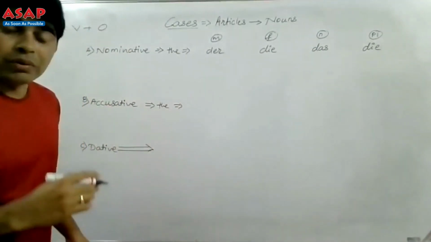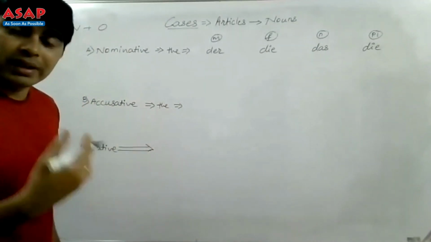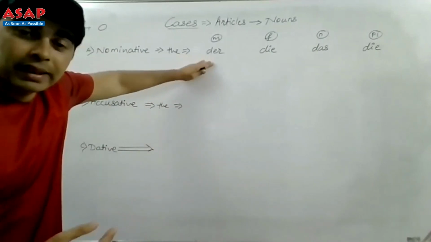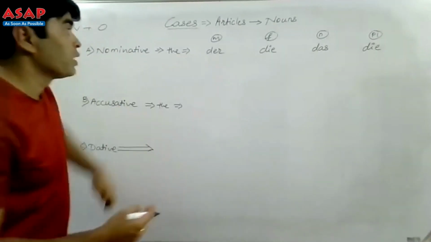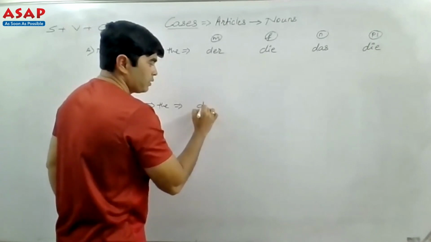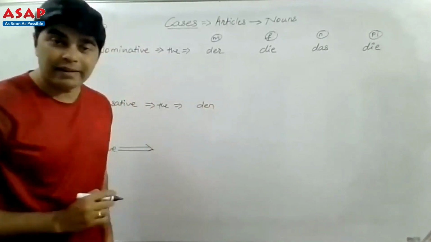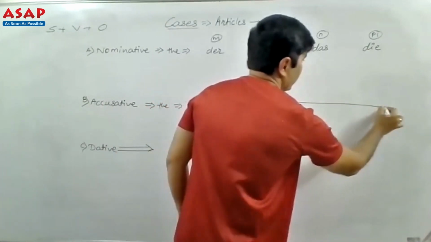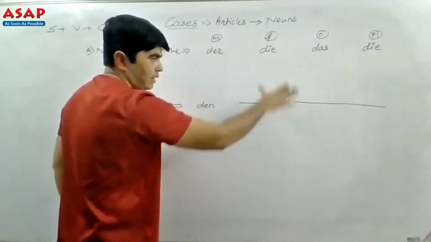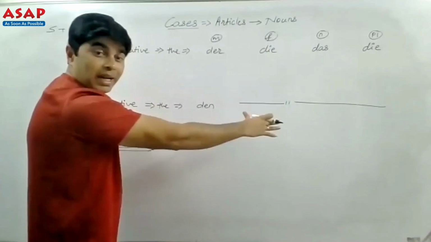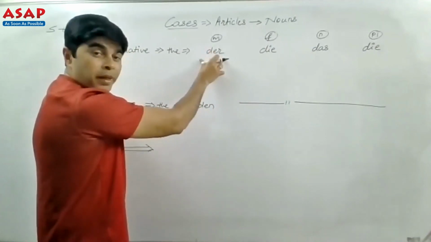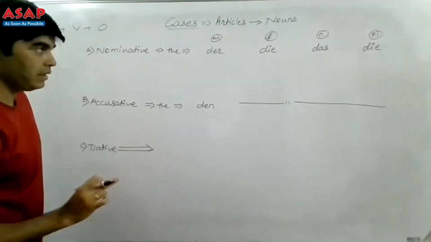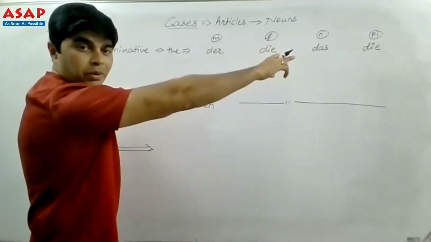Whenever we say it changes to this, we are referring to nominative, which we have already studied. So in accusative, der becomes den. Die remains die, das remains das, and die remains die. So these articles will be the same. So in accusative, what do you see? Only masculine will change, right? Not the feminine, neuter, and plural.